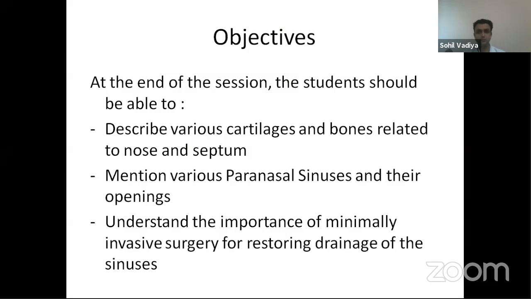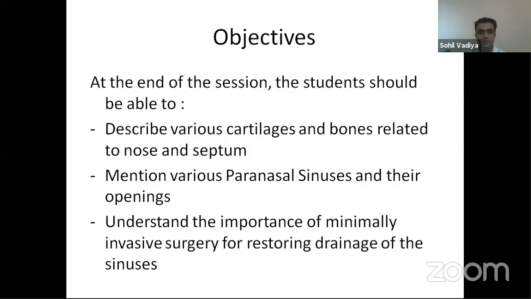It is very important to understand that there are key areas in the nose where the sinus is open. These openings of the sinuses are very important for us because widening of these openings, they are called the ostium. So widening of an ostium of the sinus would cure most of the problems of the sinus.